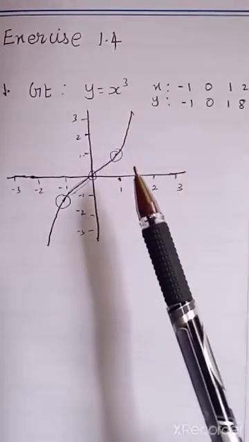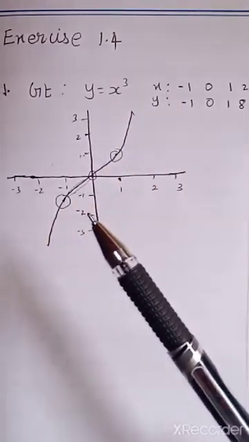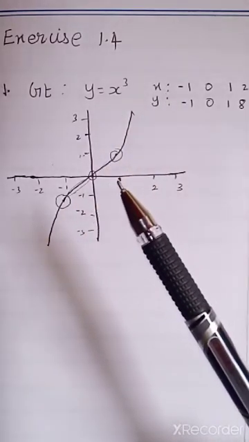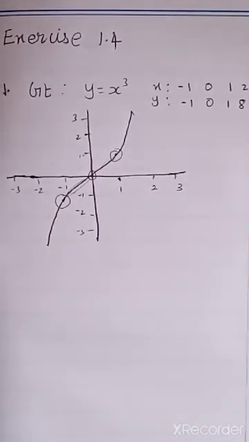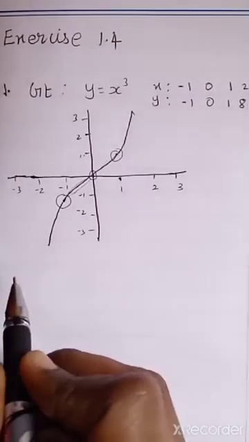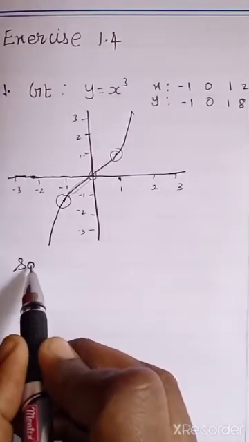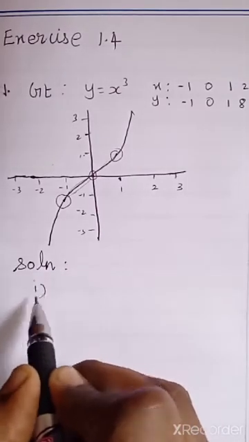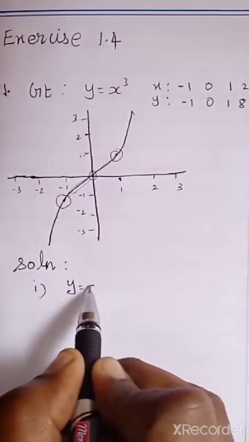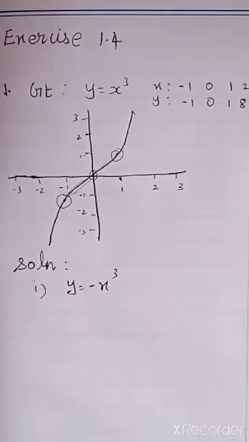Is that clear? Okay, so now using this graph, many subdivisions are there. Using transformation, we are going to see how to do the remaining problems. So first we can take the solution. In your first subdivision, it is given that y equal to minus x cube.